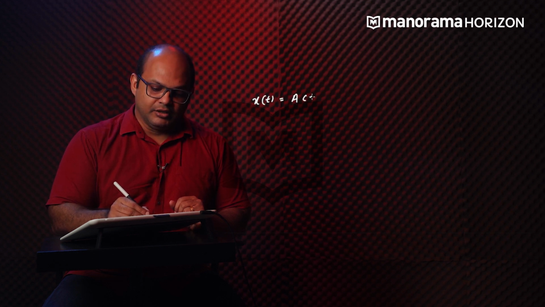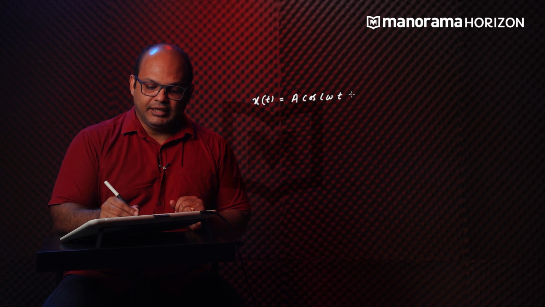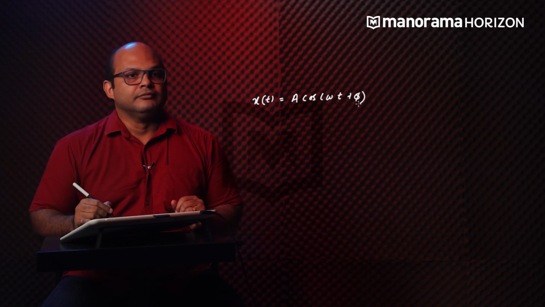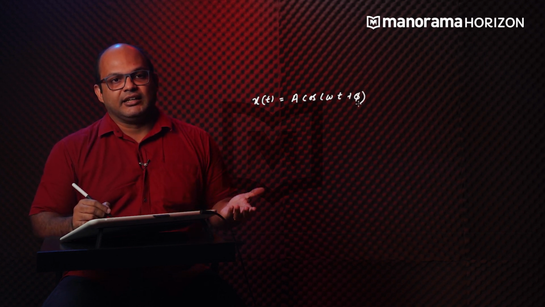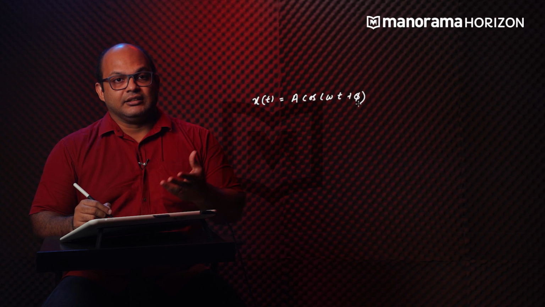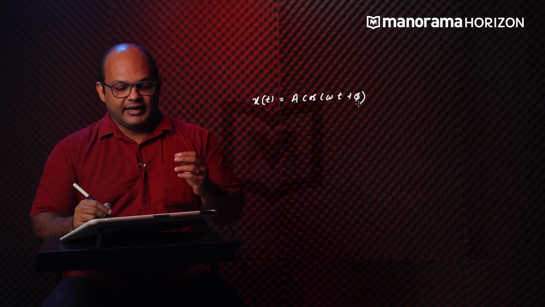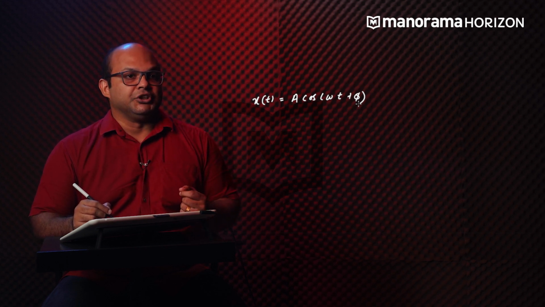So here is our displacement relationship. x(t) is equal to A cos(ωt + φ). In this case, ω is the cyclic frequency, φ is the phase lag or lead, and x(t) is the displacement with relation to time.